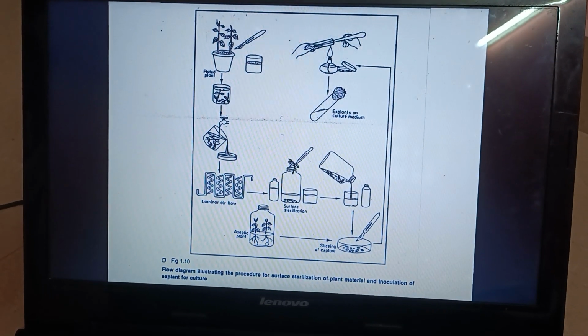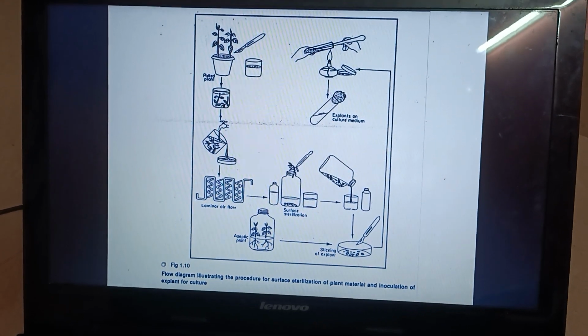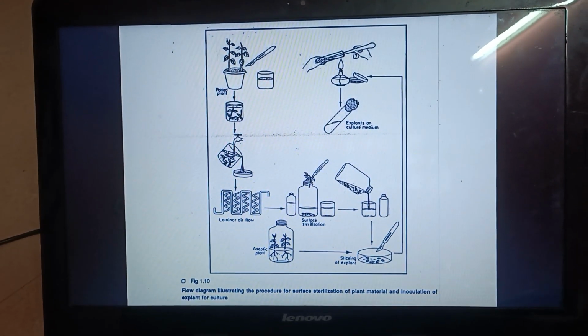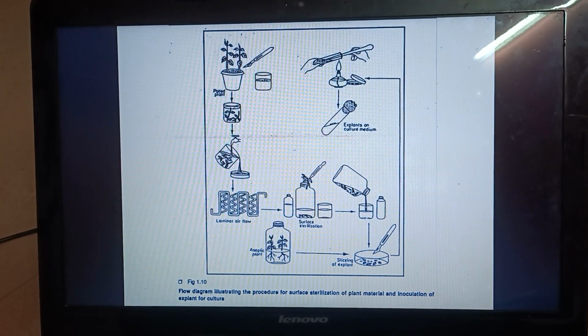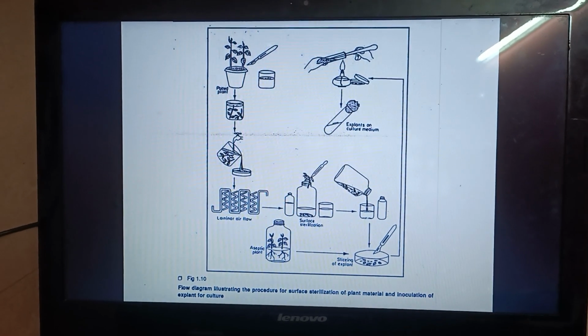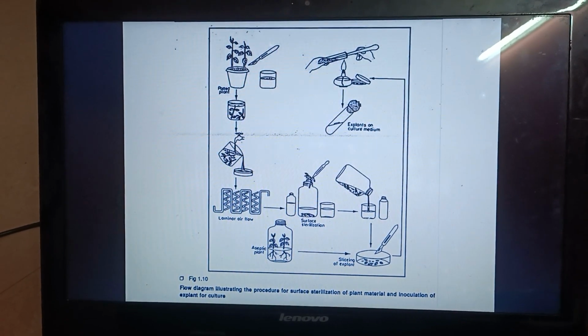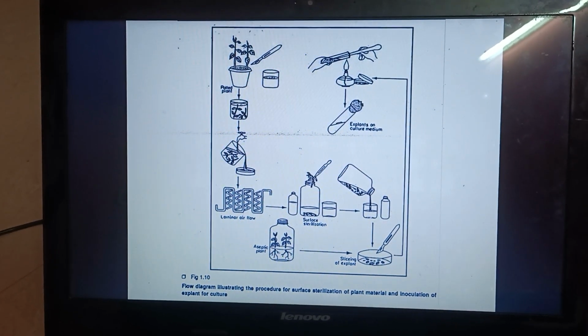Okay, so each and every technique should be in aseptic condition. Every part of the technique should have the optimum time period.